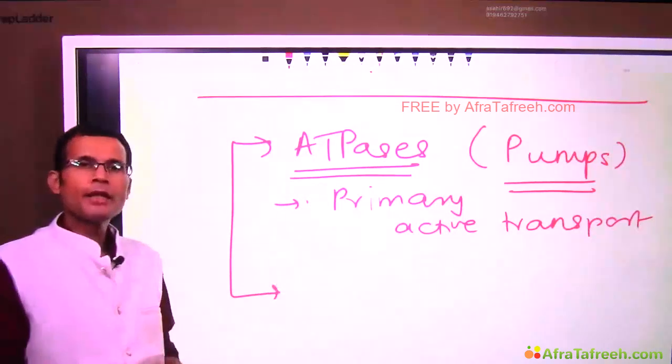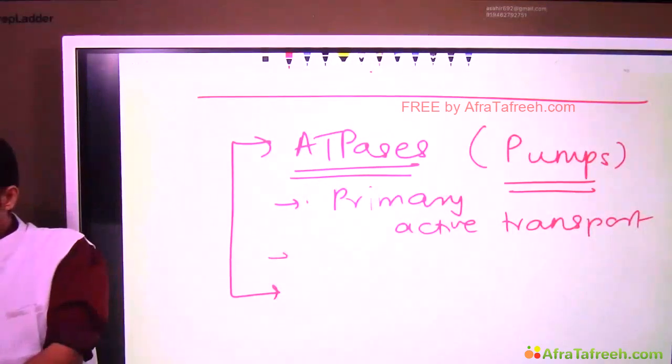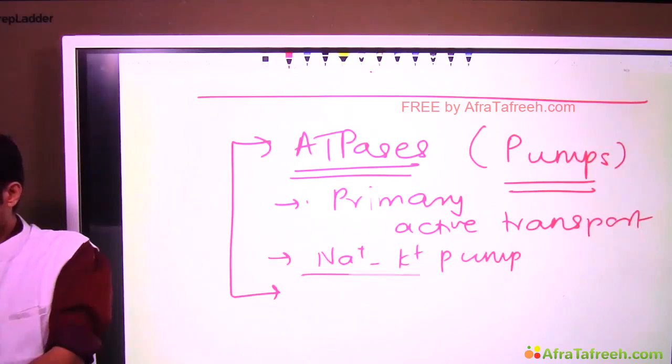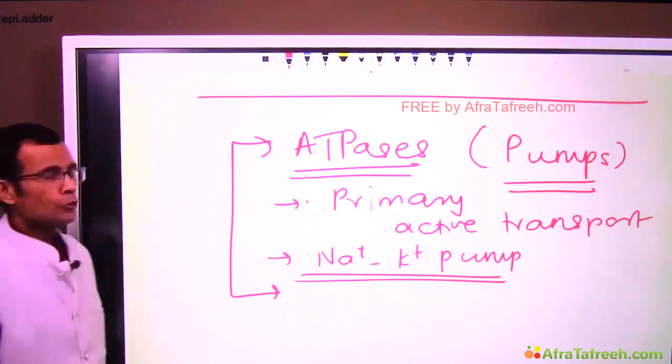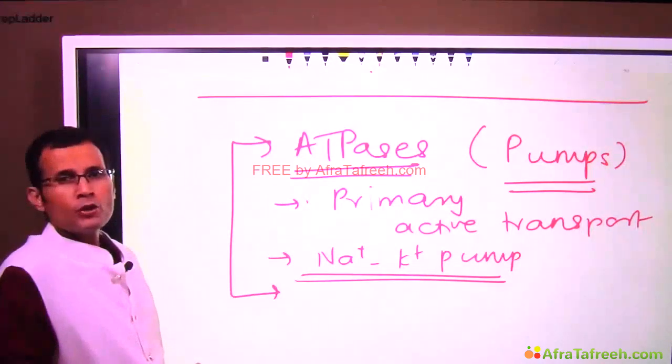They carry out primary active transport, these ATPases or pumps. Example, our famous one, the sodium potassium pump. It's present in the membrane of all cells of the body. So sodium potassium ATPase is a primary active transport, and it's called an ATPase.